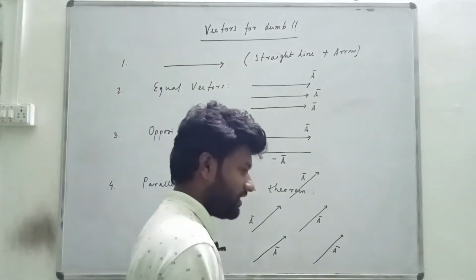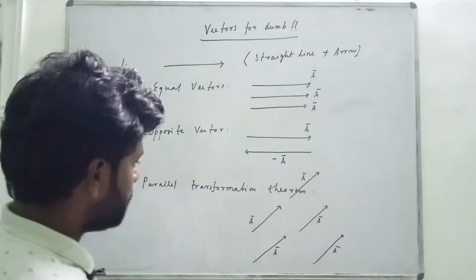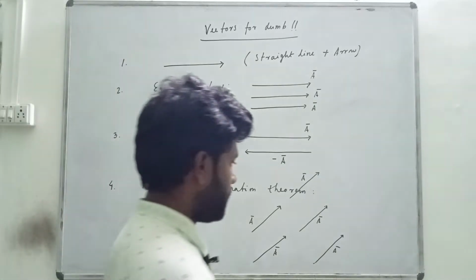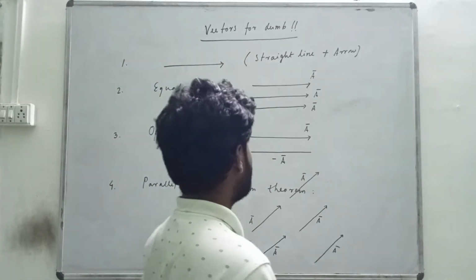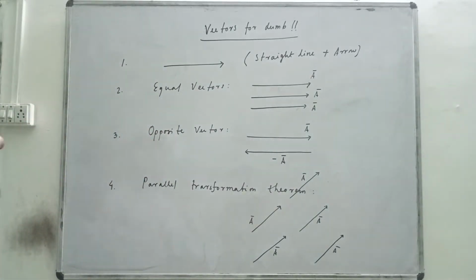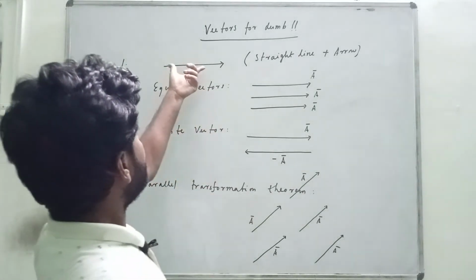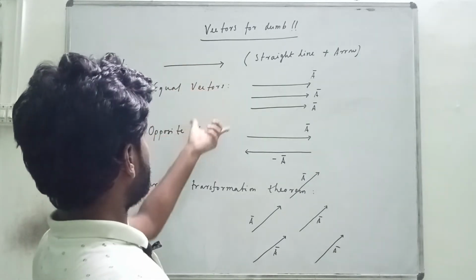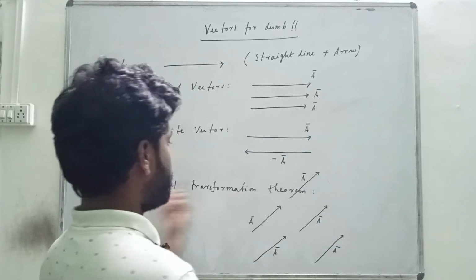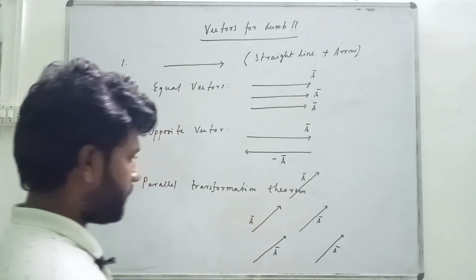Okay. So these are all recipes to digest our vector algebra, right? I mean, the representation of vectors, the equal vectors, the opposite vectors, and the parallel transformation, the vital, crucial theorem here.